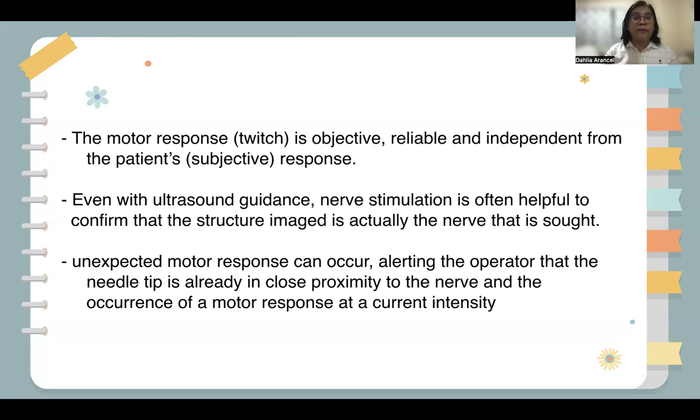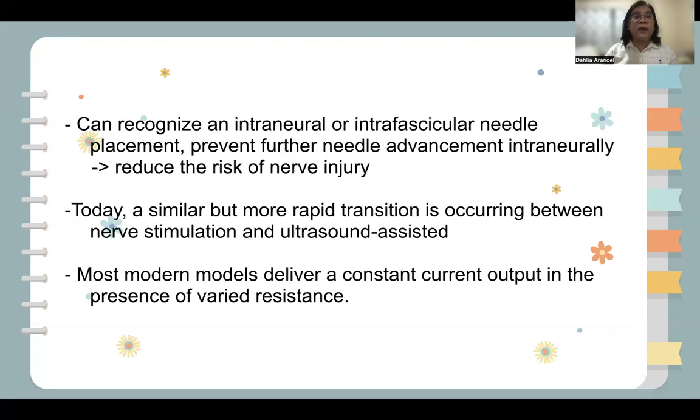An unexpected motor response can occur, alerting the operator that the needle tip is already in close proximity to the nerve at the current intensity. One can also recognize an intraneural or intravascular needle placement, and this will prevent further needle advancement intraneurally. Thus, it will reduce the risk of nerve injury.